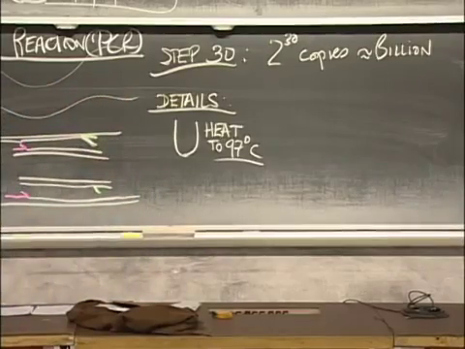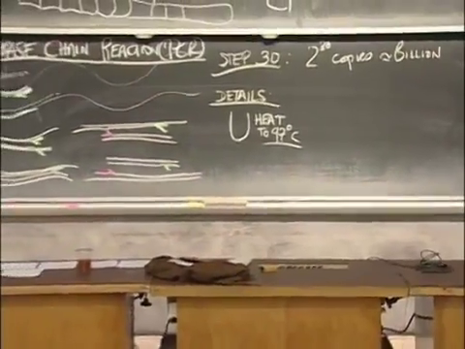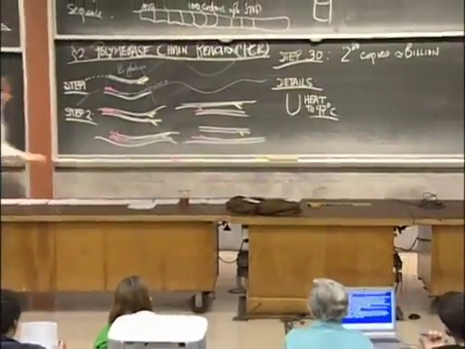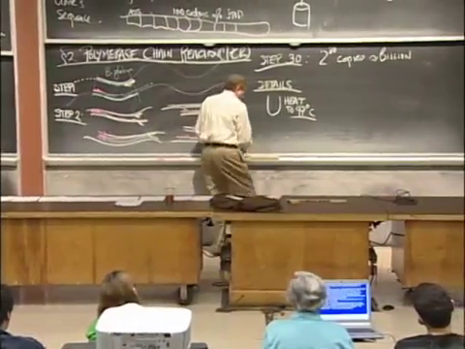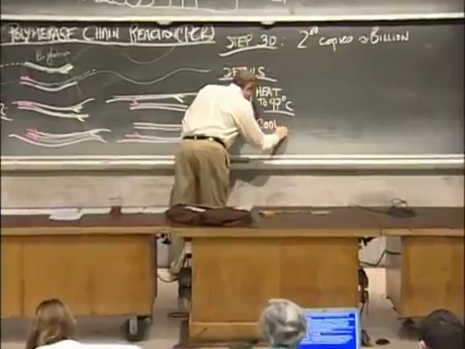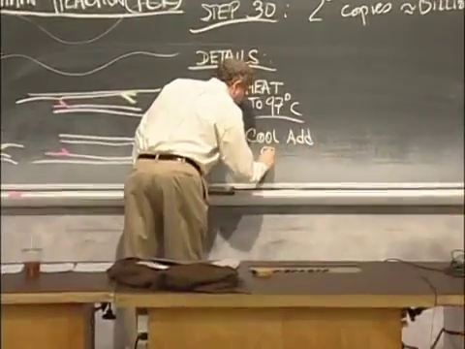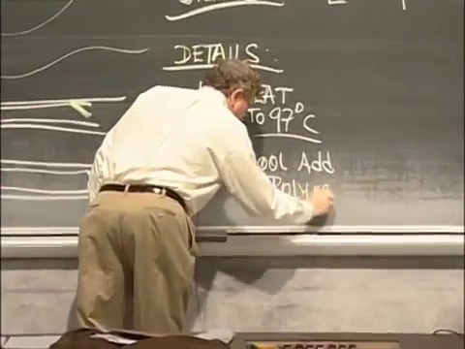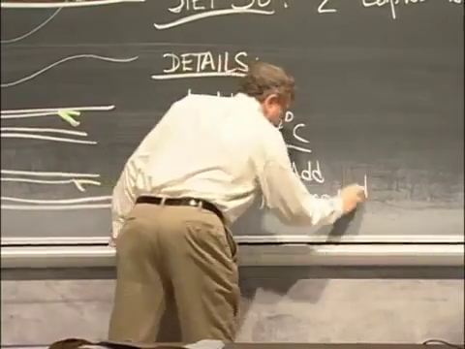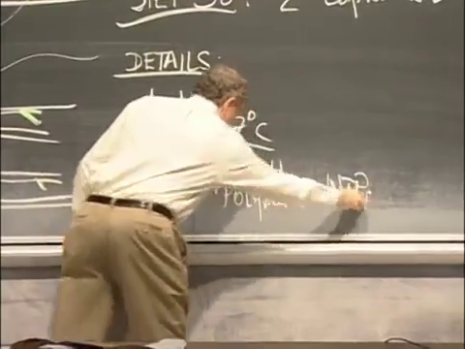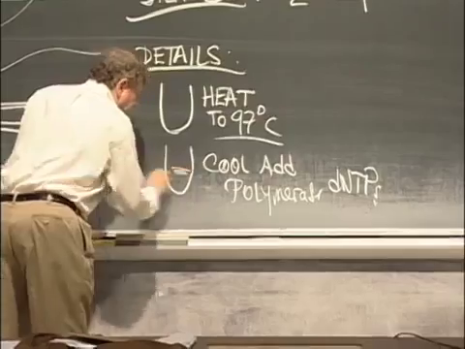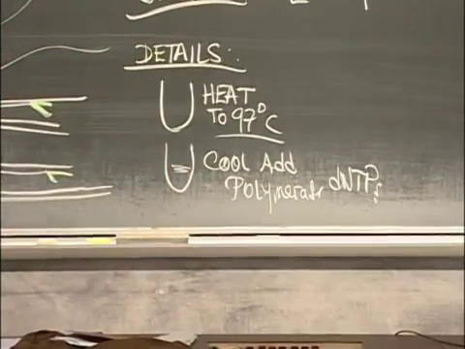Then it comes apart. I cool it down, I add polymerase and nucleotides. And then it does its extension. Then I heat it up to 97.